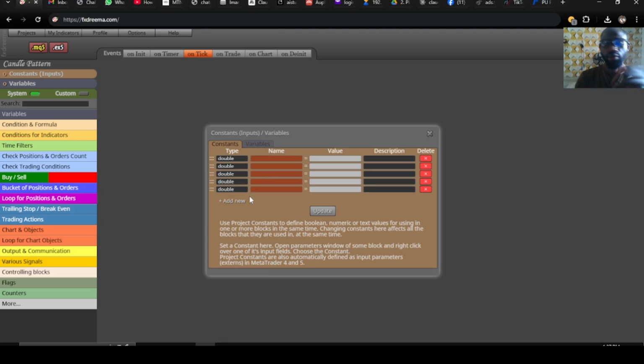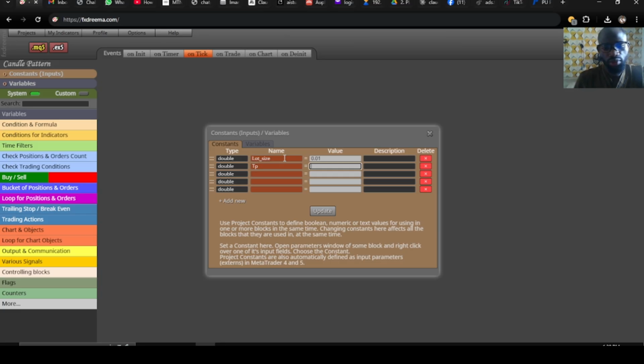It's not something difficult. So our first constant will be lot size. We are going to input the amount of lot size we want to use. Let's say we are using 0.01 lot size.